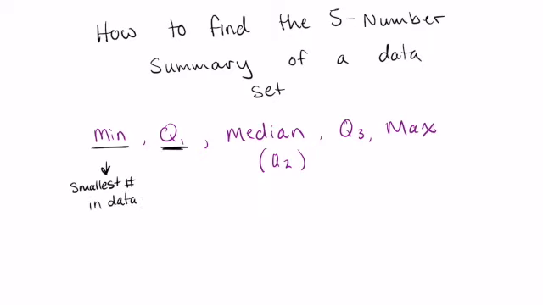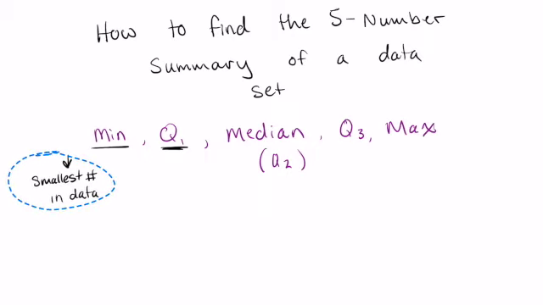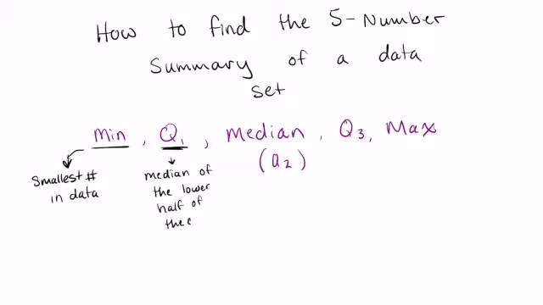we have Q1, which is kind of an interesting piece. Q1 is the median of the lower half of the data. And I'll explain that in just a minute when we see an example. So Q1 is the median of the lower half of the data.